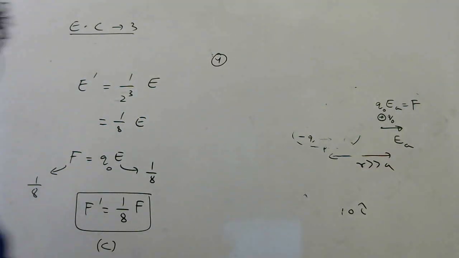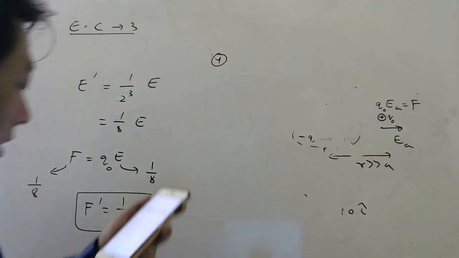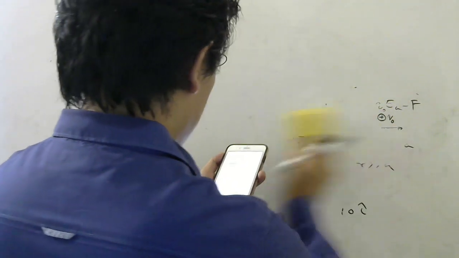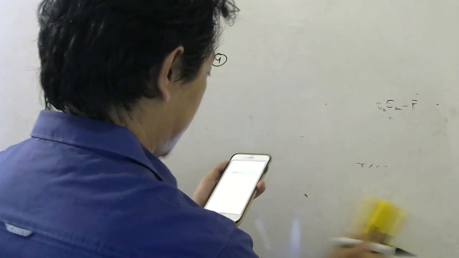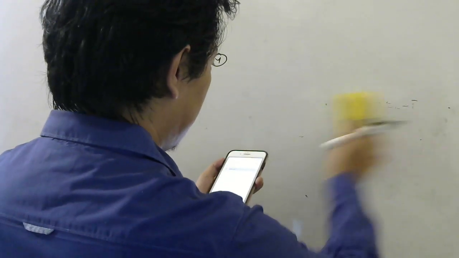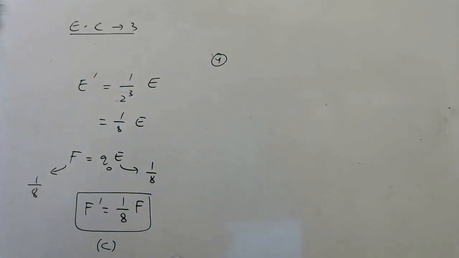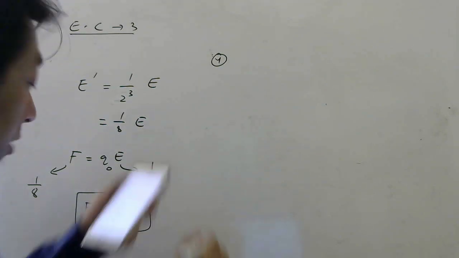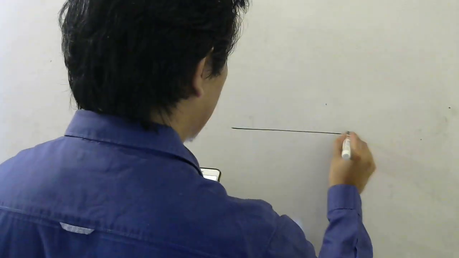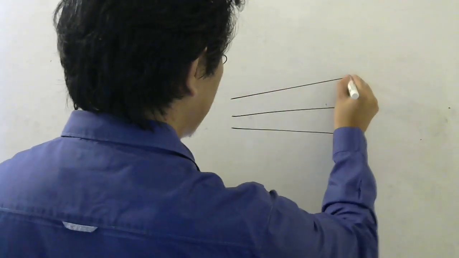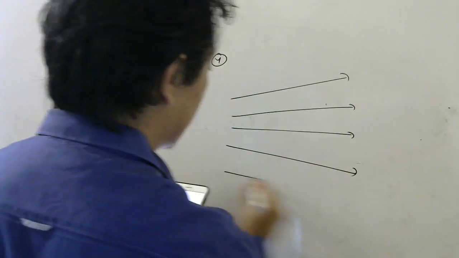Figure shows electric field lines in which an electric dipole of dipole moment P is placed as shown in the figure. In which direction will the dipole experience force, if any? So if you look at the diagram carefully, the electric field lines are slightly, as you go, the gap is increasing.